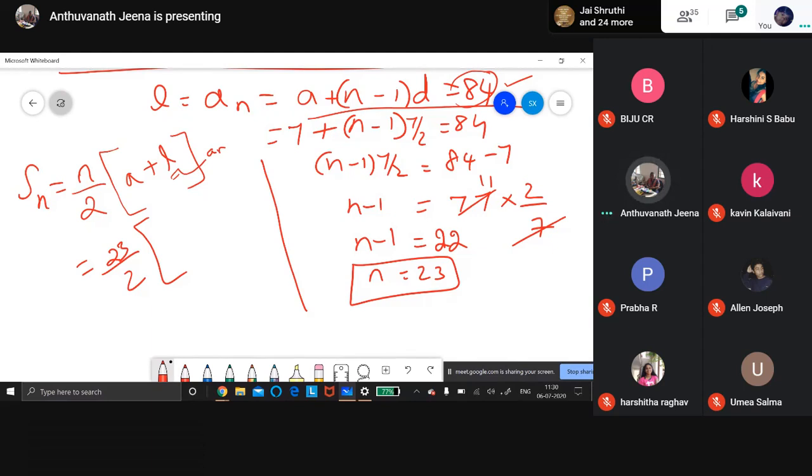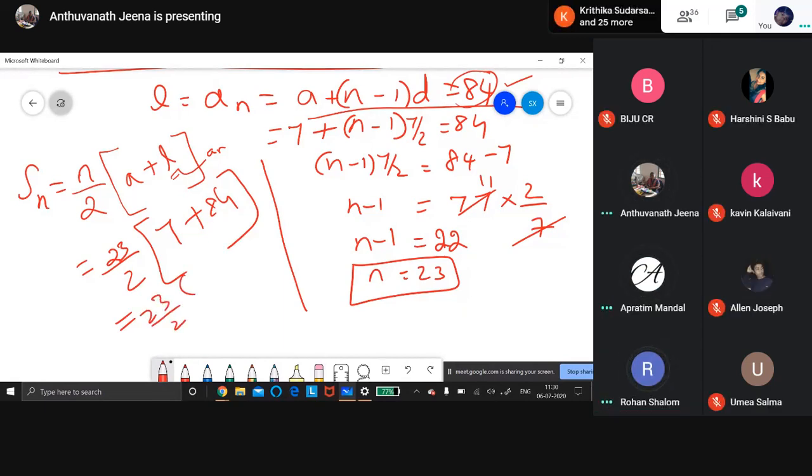AN we know is 84, right? So straight away start. 7 plus 84. What is the next step? Add. What will you get? 91. So 23 into 91, you should multiply and divide by 2. What is 23 into 91?